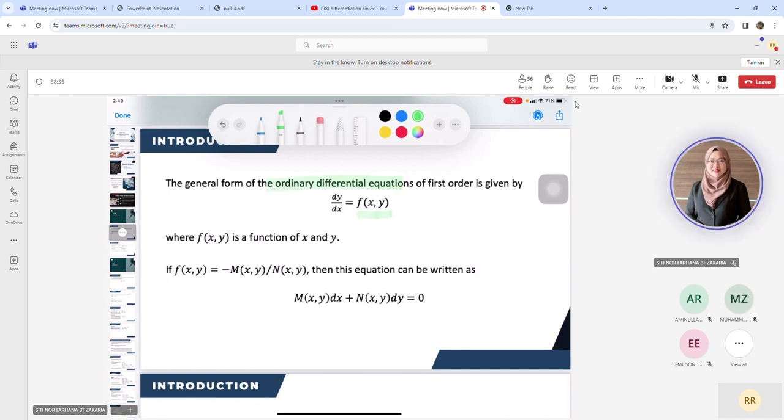So if you can rewrite it like this, then we call it separable. It means that dx has a function of x here, and dy has, sorry, it's not function, variables. If dx has only x variables and dy has only y variables, then we call it a separable equation.